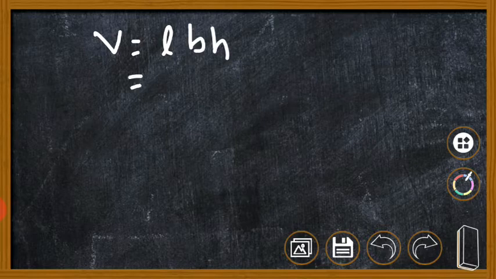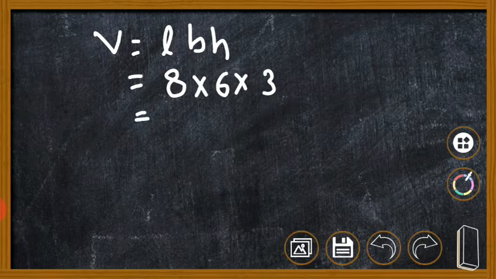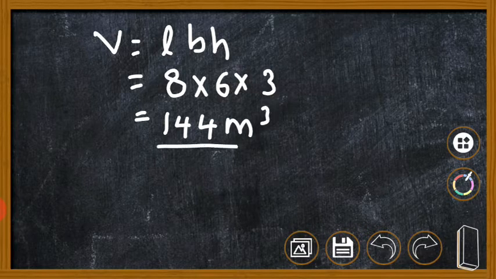For this, first you should find out the volume of the cuboidal pit. We know the formula: V is equal to LBH, and L is equal to 8, B is equal to 6 and H is equal to 3. So you will get 144 meter cube.